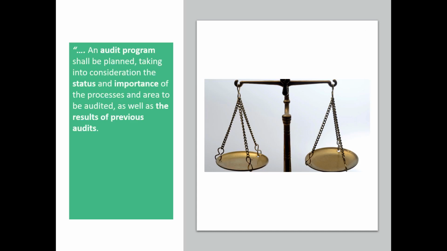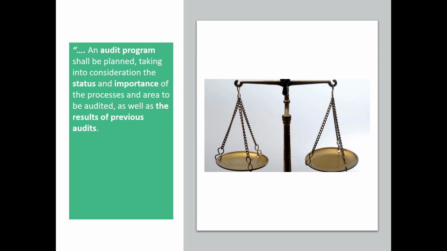It goes on in the standard to state that an audit program shall be planned, taking into consideration the status and importance of the processes and areas to be audited, as well as the results of previous audits. So what's it stating there? Well, you don't just throw any audit in your schedule.